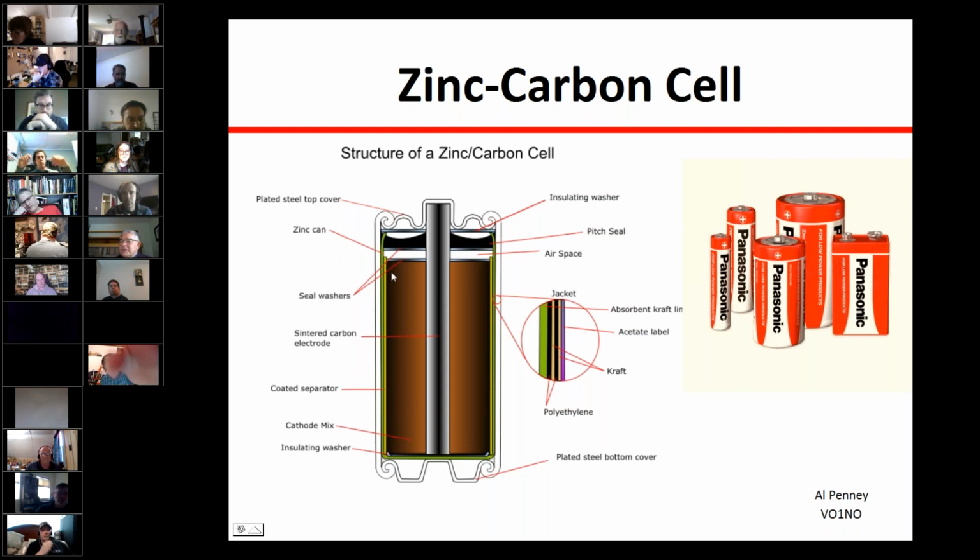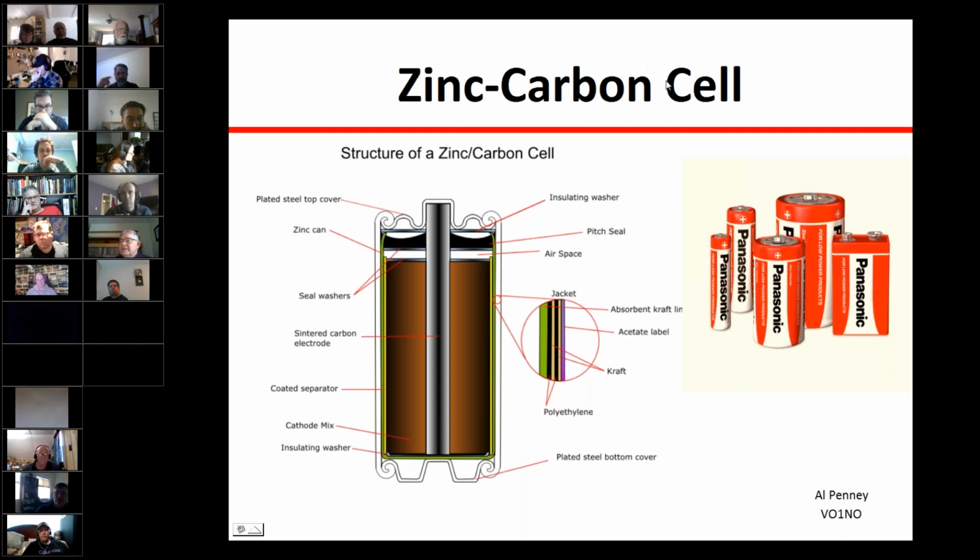So the zinc forms the negative terminal, which is the cathode, and the carbon forms the positive terminal, the anode. And inside the battery is a mixture of manganese dioxide, and that forms the chemical reaction that generates about 1.5 volts.